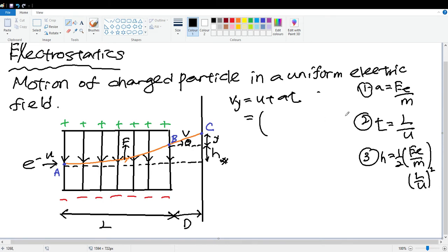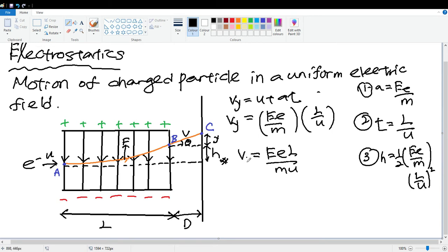So a is eE over m, and my t is L over u. So this is my Vy, which is eEL over mu. This is the vertical velocity after leaving the region of the electric field.